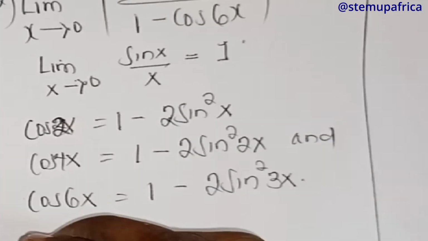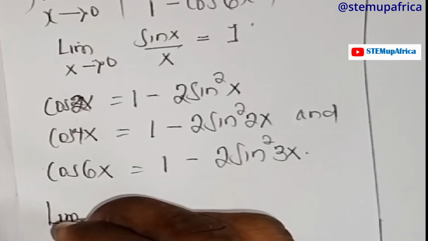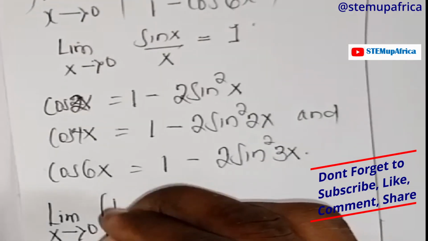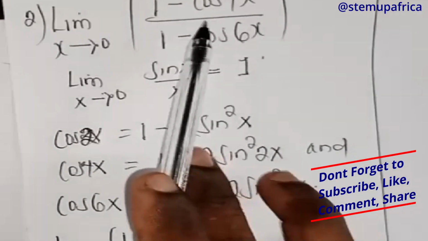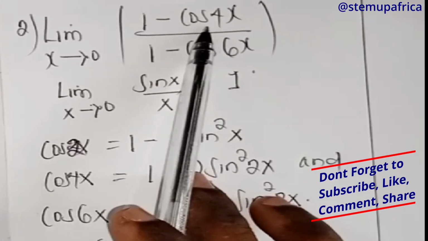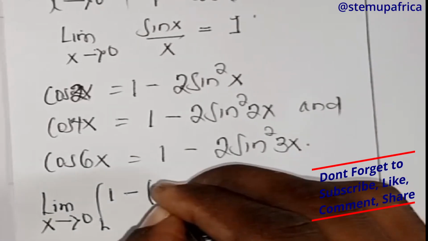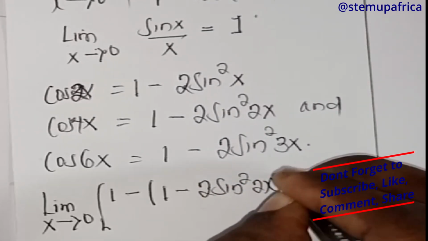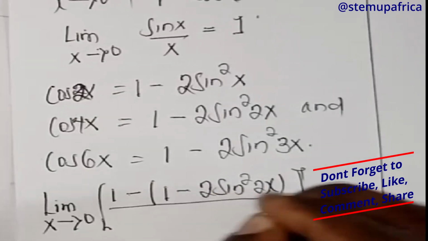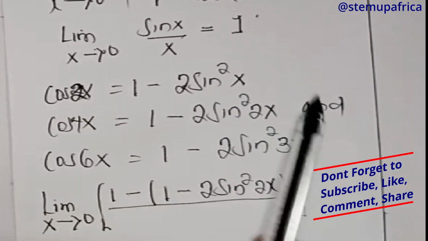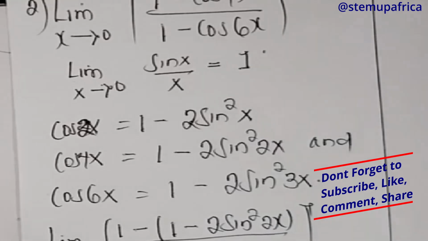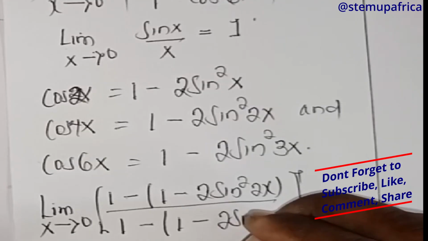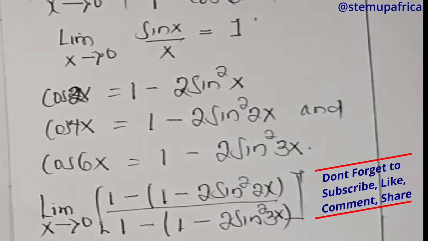If you substitute them, I'm going to have lim x tends to 0 of 1 minus, and cos 4x is this, so I'll substitute it in place of cos 4x: 1 minus (1 minus 2 sine square 2x). The same is also true for the denominator. This is cos 6x, I will substitute it in place of cos 6x: 1 minus (1 minus 2 sine square 3x). Bracket close.